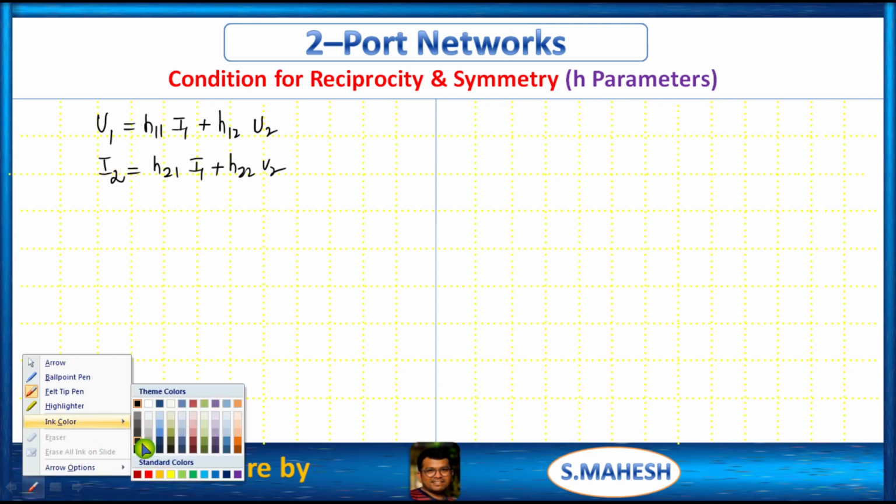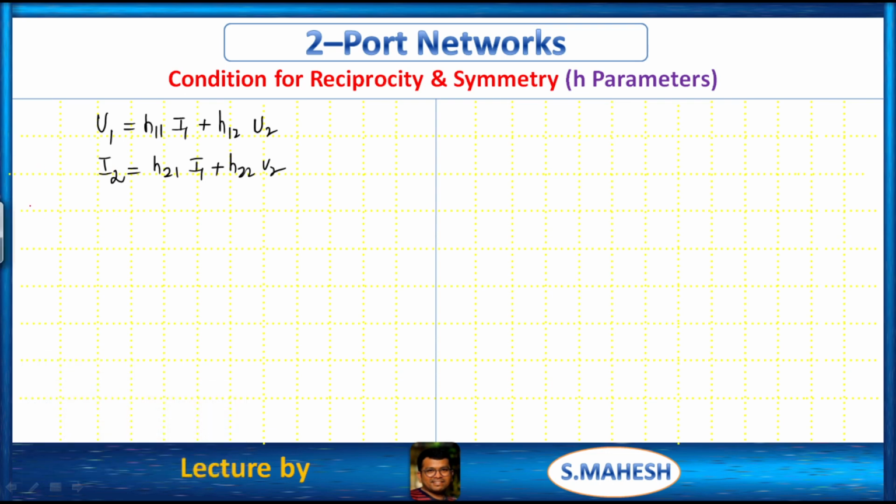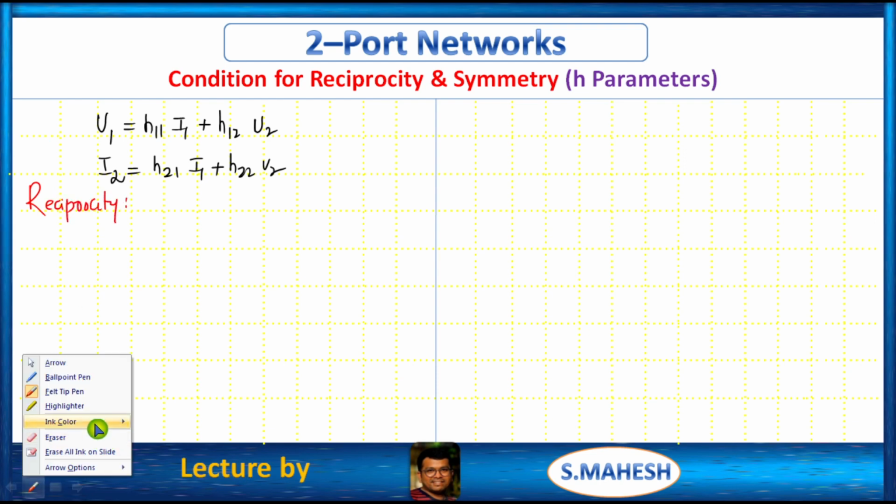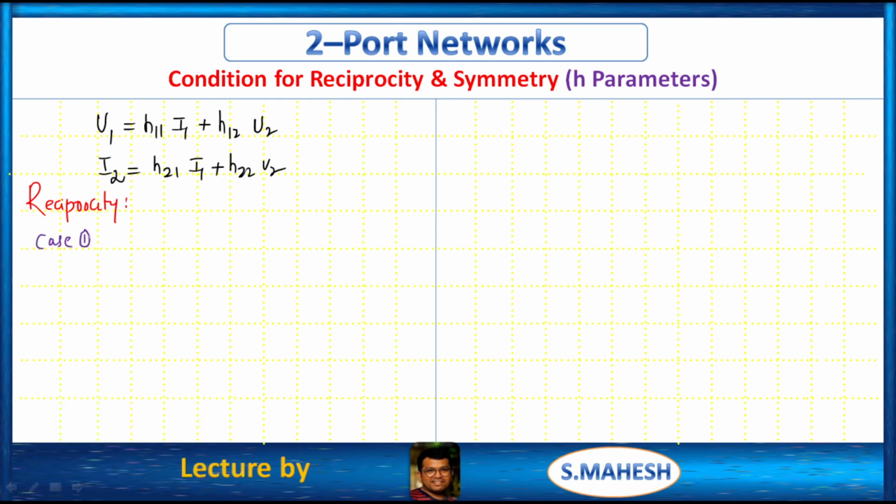First we have to get the condition for reciprocity. Okay, then case 1. So we have to follow the same procedure that we discussed for Z impedance parameters.